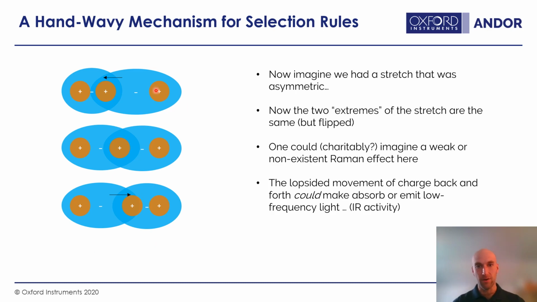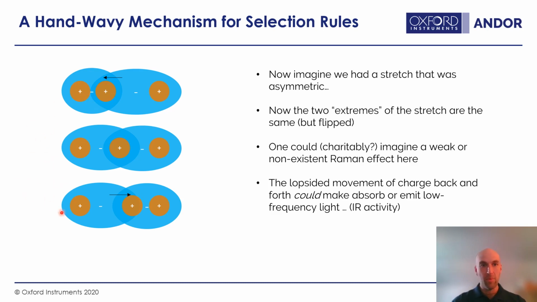So it's not symmetric there. Here's the two extremes up here and up here. Before, for our diatomic molecule, the extremes were just out here and in here. So one could charitably imagine that these have the same polarizability, so you wouldn't expect quite the same Raman activity.